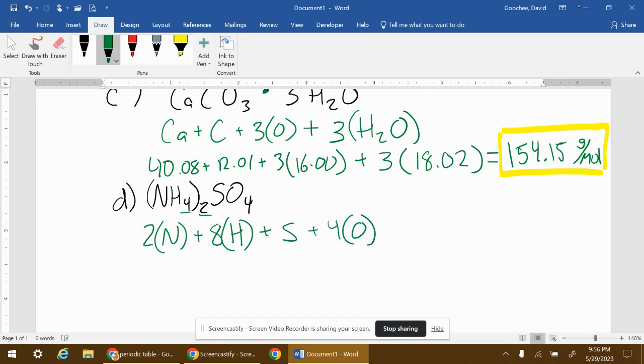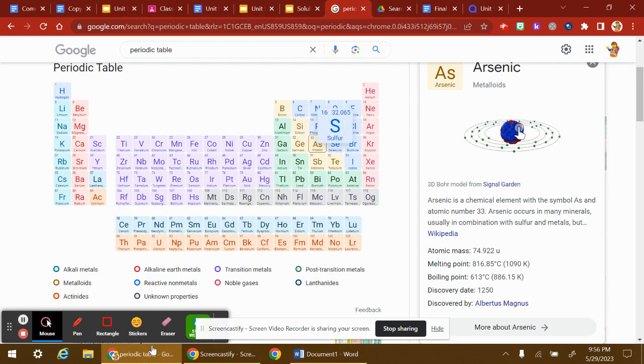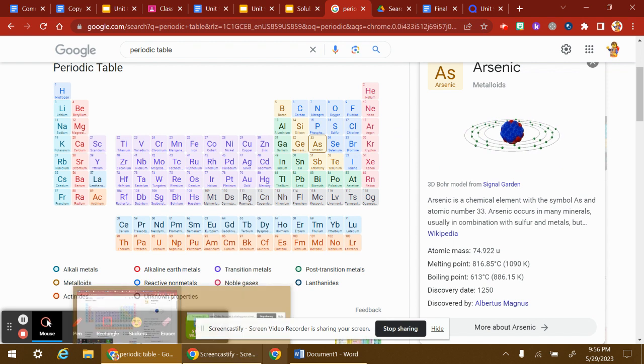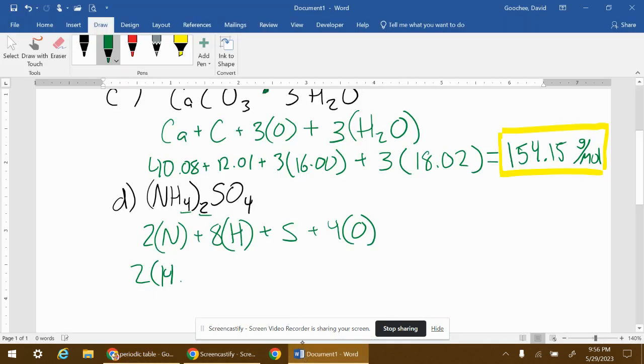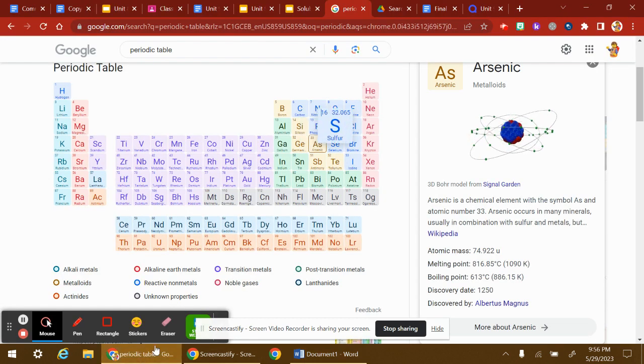So let's find some of these values. 2 times nitrogen, nitrogen is 14.01. Plus 8 hydrogens. We did hydrogen before, 1.008. Plus sulfur. Where is sulfur? Sulfur is 32.07.